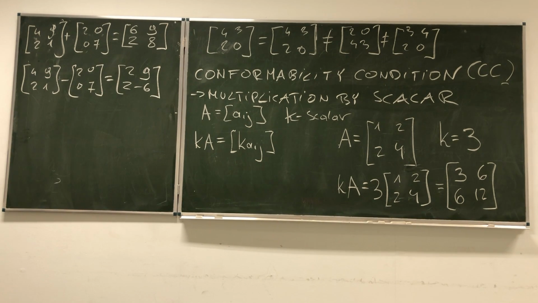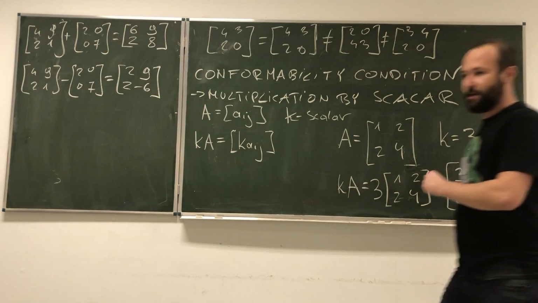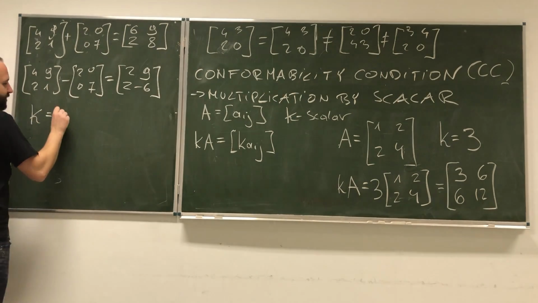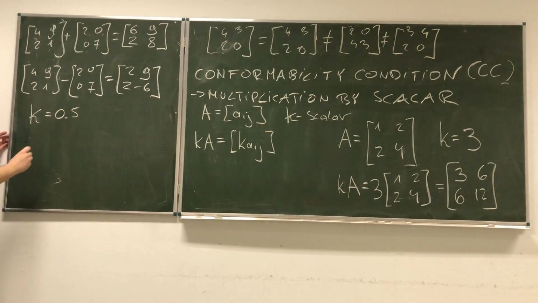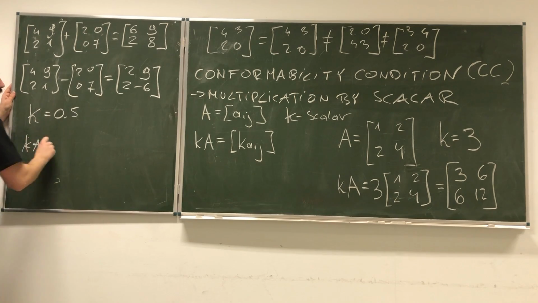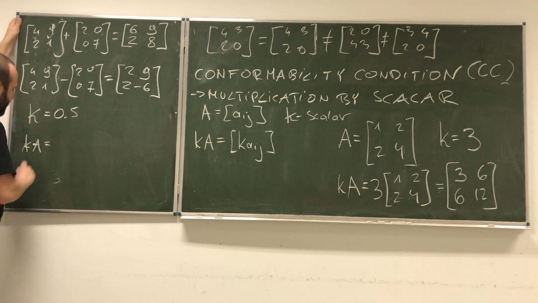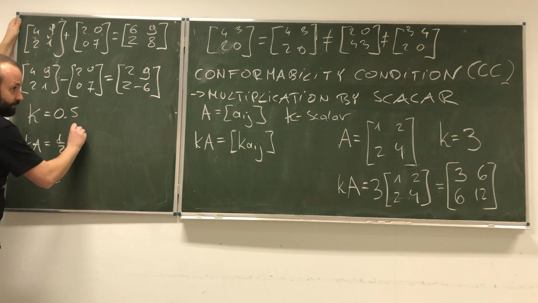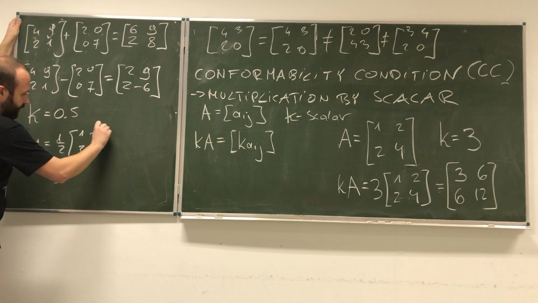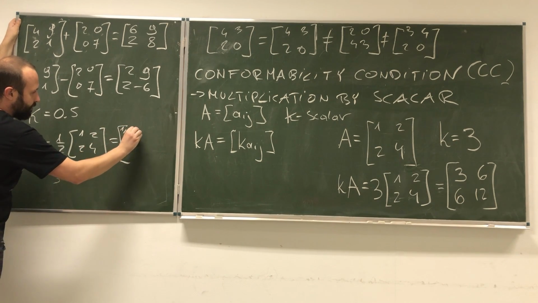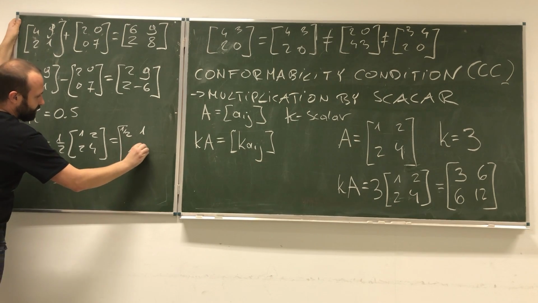So can we say we scaled it up? Definitely. What if k would be equal to 0.5? Then kA, about this a little bit later, would be 1 over 2 times 1, 2, 2, 4, which is equal to 1 over 2 times 1, 1, 2.